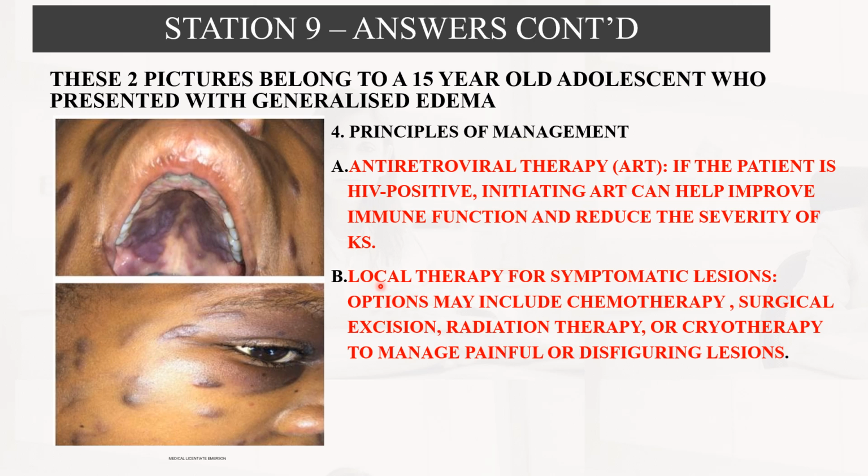Then, for what we are seeing, these symptoms, we have to do a local therapy for symptomatic lesions. So options for these symptomatic lesions include chemotherapy, surgical excision, radiation therapy, or cryotherapy as well, to manage the painful or disfiguring lesions. So those are some of the things you need to understand.